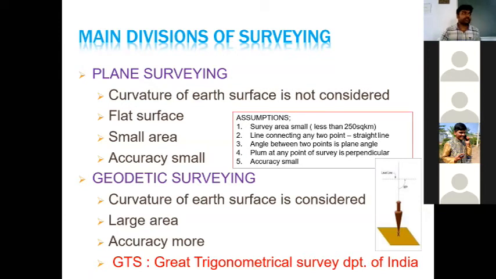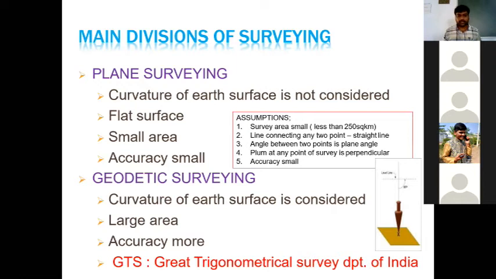Verticality of any object means you can take any building structure. Whenever we construct a wall, to check the vertical surface of the wall, we make use of the plumb bob to see the verticality of the wall construction.